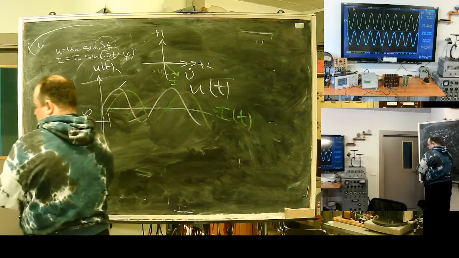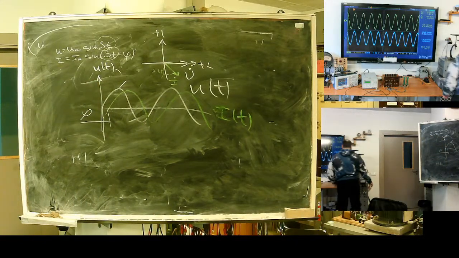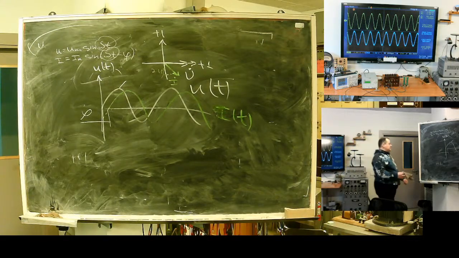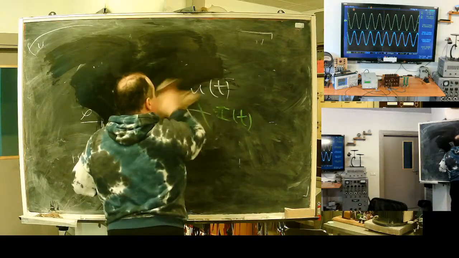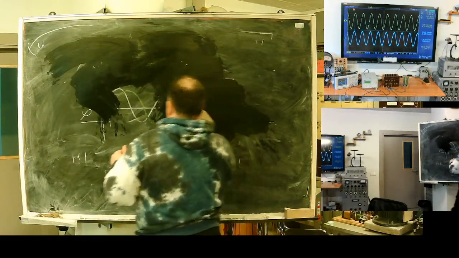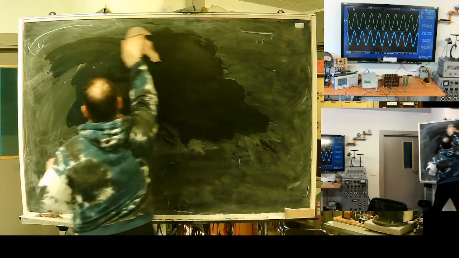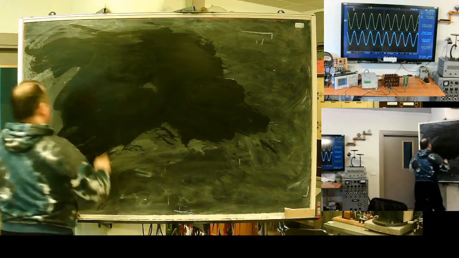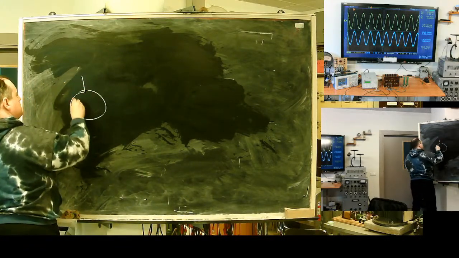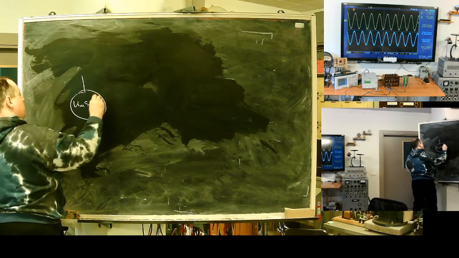Steinmetz also introduced the idea of complex resistance. Let's look at my network. I have a source, let's say sine omega t.